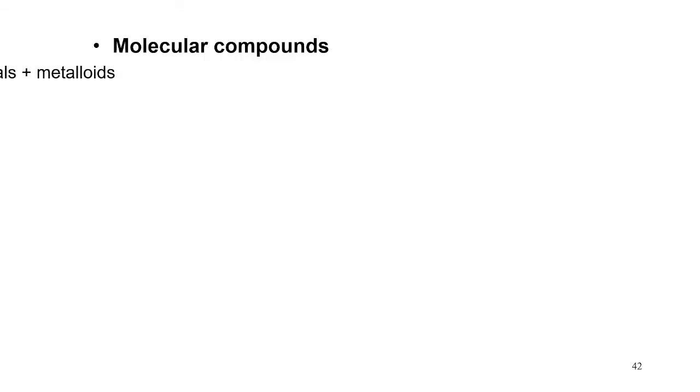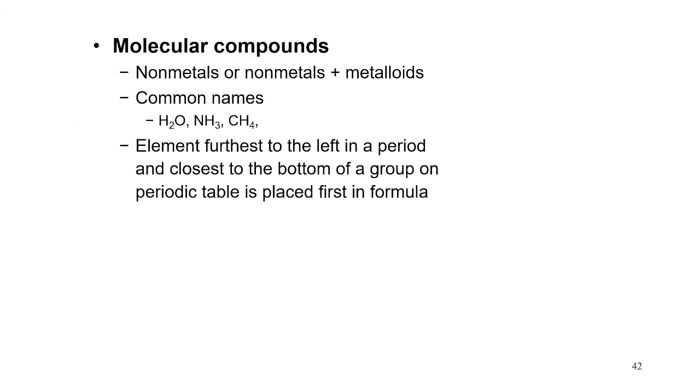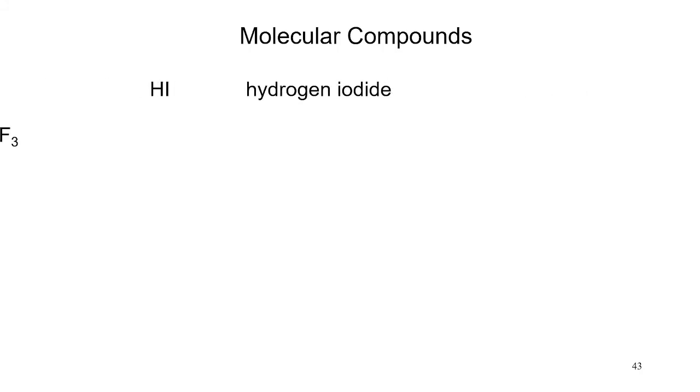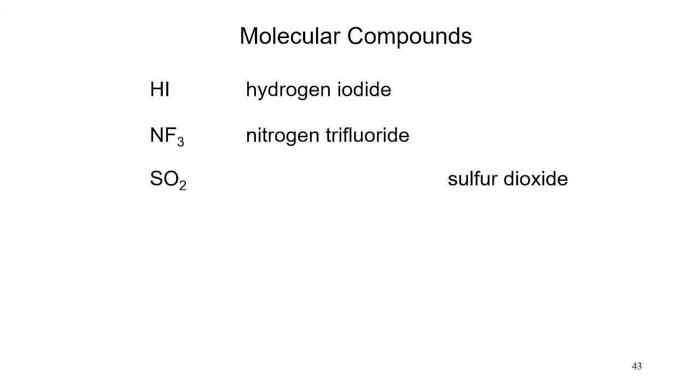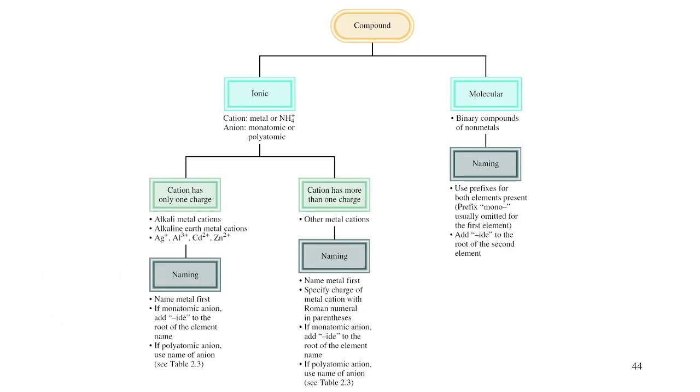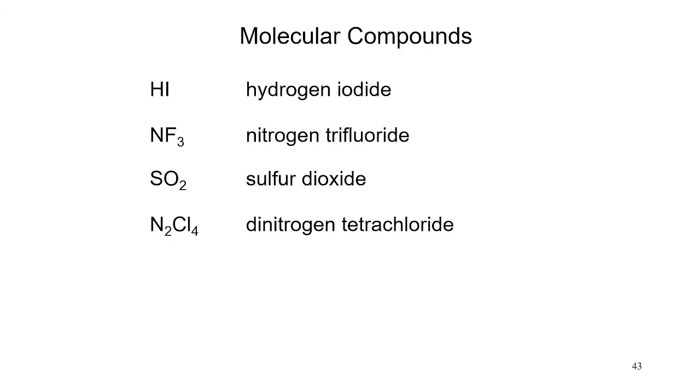Okay, and also for the molecular compounds, same. We will be talking about that later on, which should be a separate topic regarding compounds. Okay, so that will be all for today.